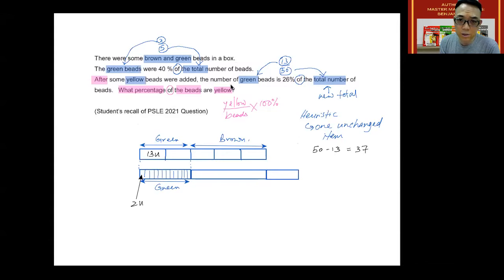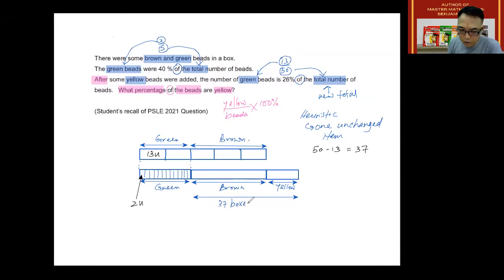Okay, let's highlight that so that we know what we are doing. So this is still brown, and this is yellow. Okay, and we now know that this represents a total of 37 boxes.